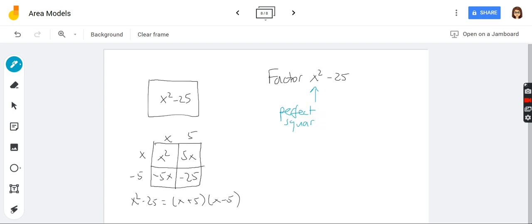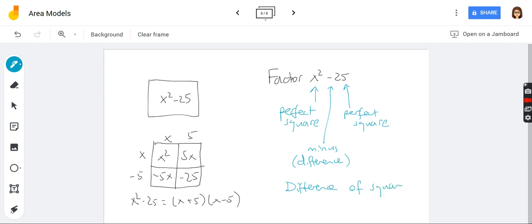Means it can be written as something squared, so it can be written as x times x or x squared. This one is also a perfect square, so it can be written as 5 times 5, and between them is a minus, or in other words, a difference. That is called a difference of squares.